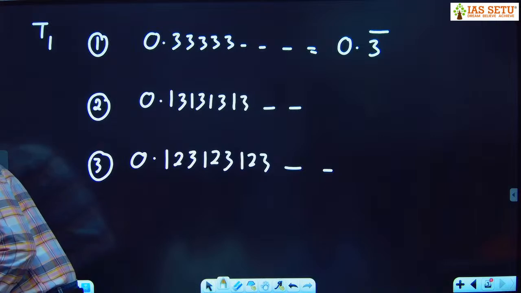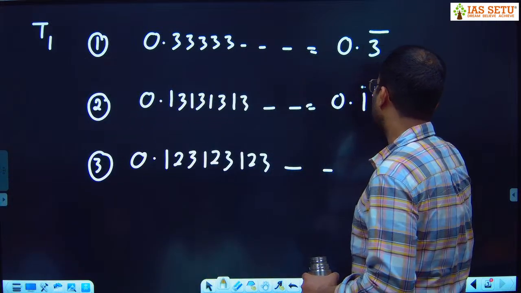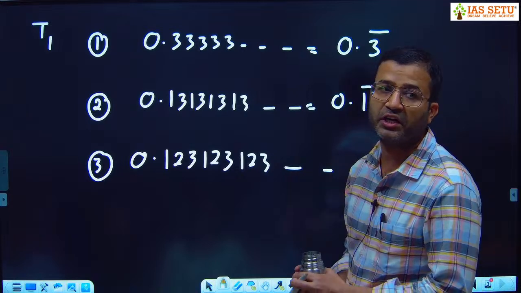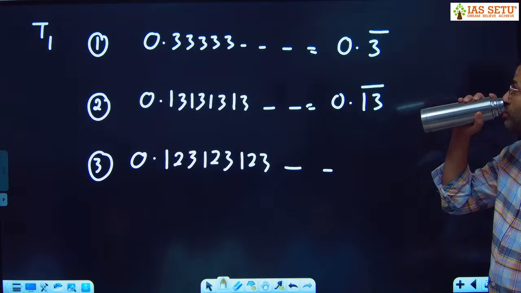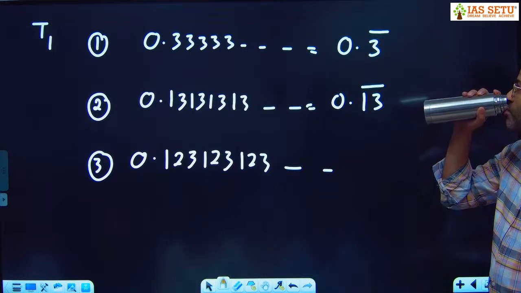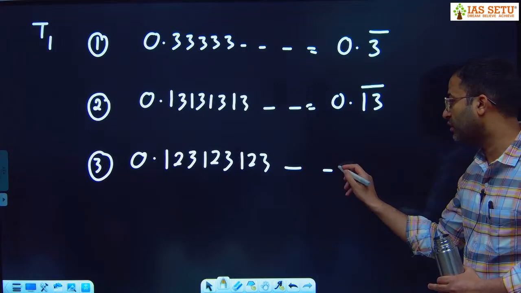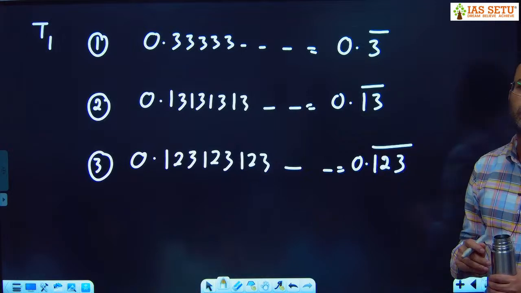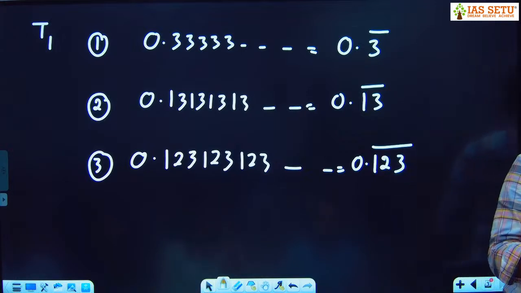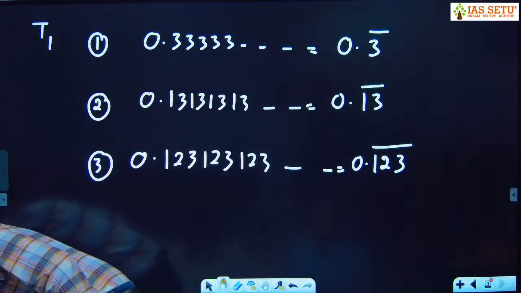For the second example, we write it like 0. with a bar on 13, because this 13 reoccurs again and again. Now the third example, 0. with a bar on 123, this 123 reoccurs again and again. Fine.